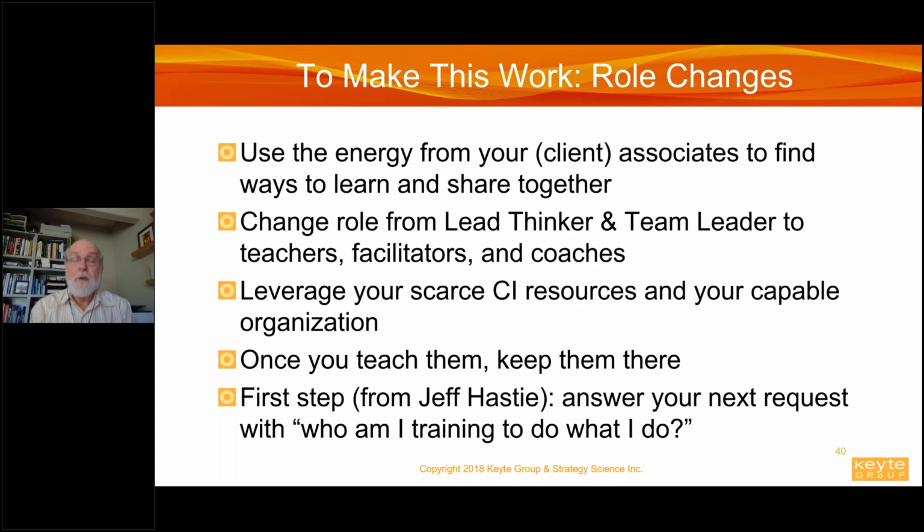And they do great stuff in terms of process improvement. And the way he kept it just him and didn't have to create a big staff is whenever he answered the phone and someone said, "Jeff, I need help," his first response was, "Okay, who am I going to train to do what I do?" And if they didn't have an answer, Jeff wouldn't help them.